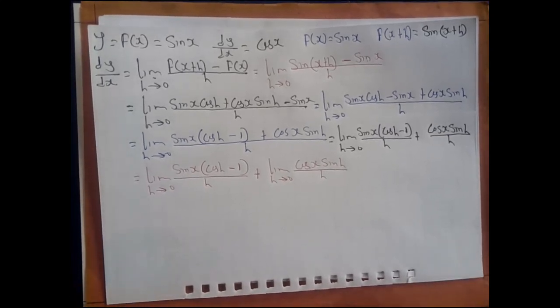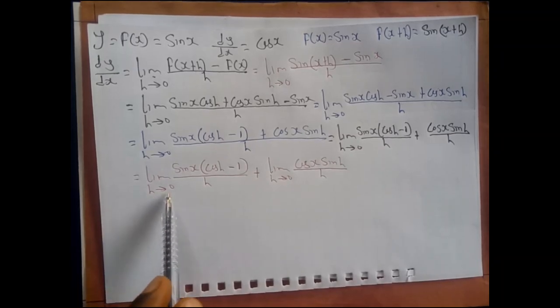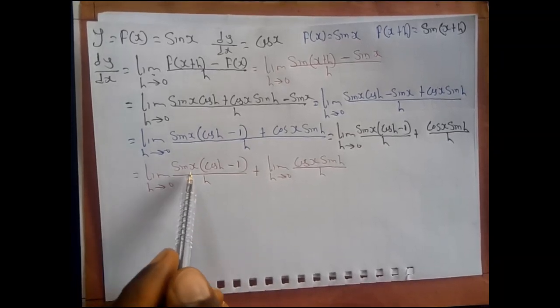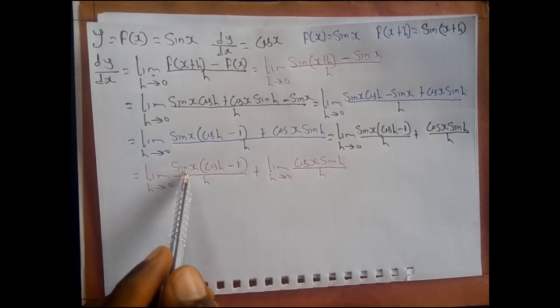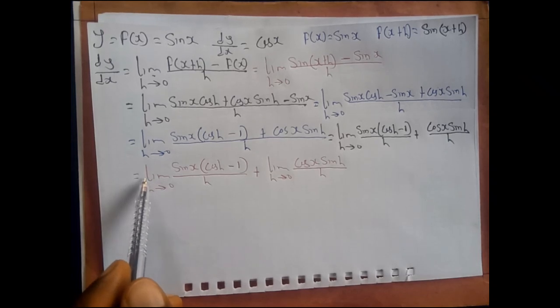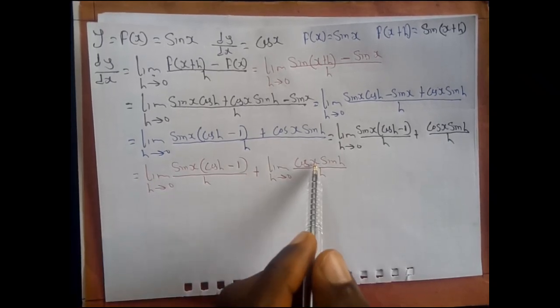Perfect. Now, since the limit is with respect to h, it means sine x is not a concern. So therefore, we can take it out of the limit as a constant. The same thing applies to cos x.